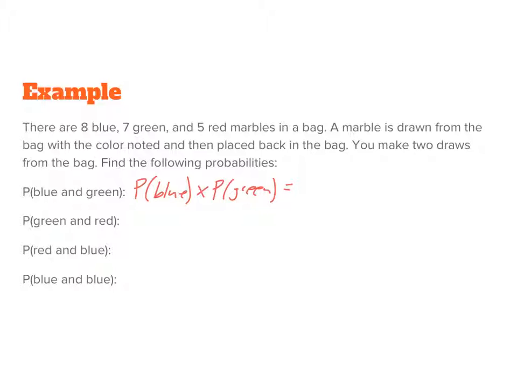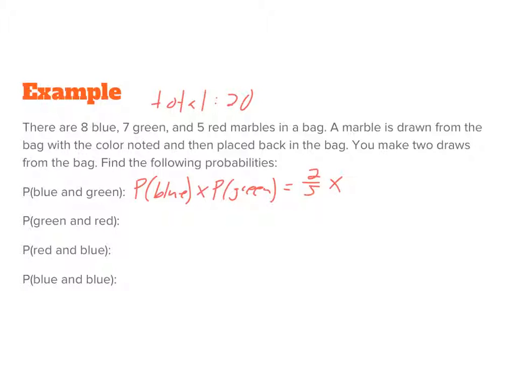Well, the probability of blue, if we add up the total, there are 20 total marbles. So the probability of blue is going to be 8/20, which we can simplify down if we take a 4 out of both of those to 2/5.